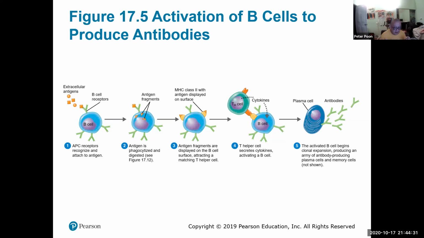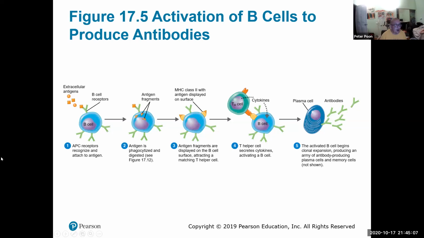Clonal expansion will make thousands of B cells. About 80% of those will become plasma cells and start secreting antibodies. So instead of having IgD on the front, it will start making IgG and IgM. It will make thousands and thousands of antibodies. All of the antibodies that are made bind to the square. So I have antibodies that attack the squares.